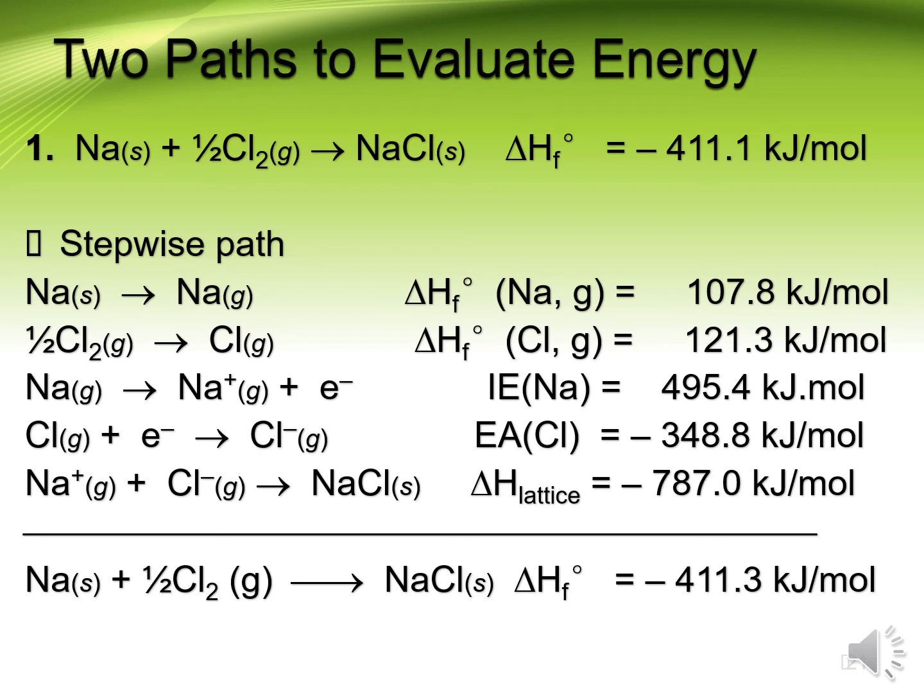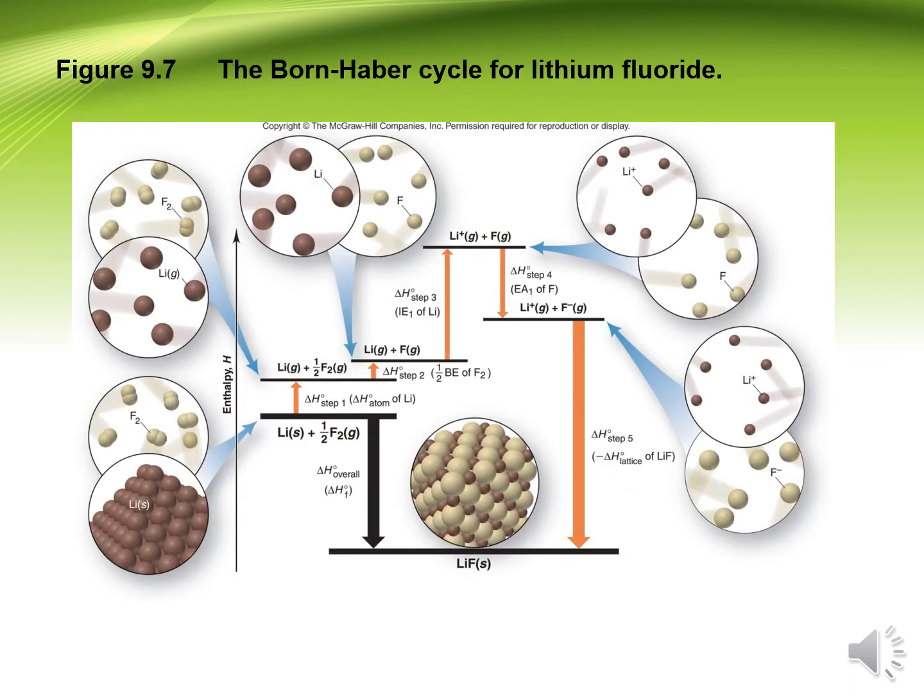In this example, you can see the formation of the ionic compound is negative. It's very exothermic, meaning that it is possible to form an ionic compound. You can use the example given for sodium chloride to understand this Born-Haber cycle for lithium fluoride. Same.